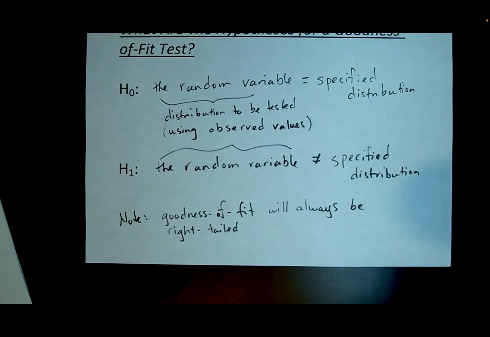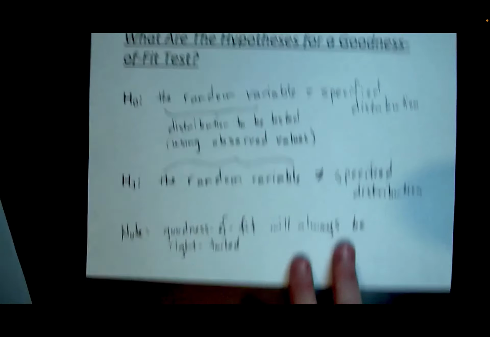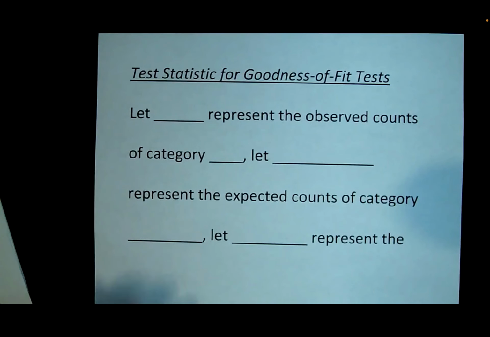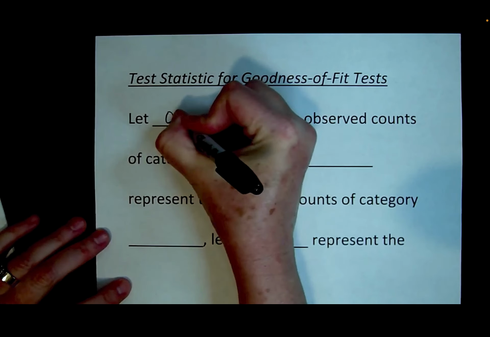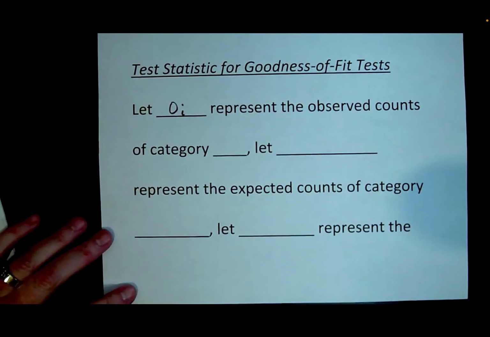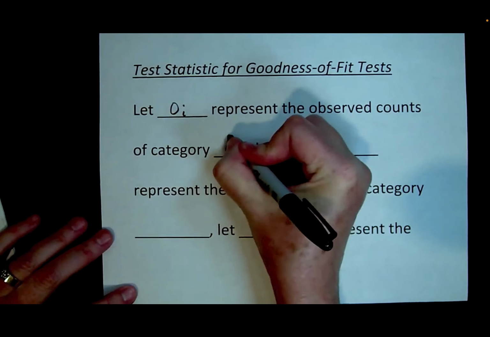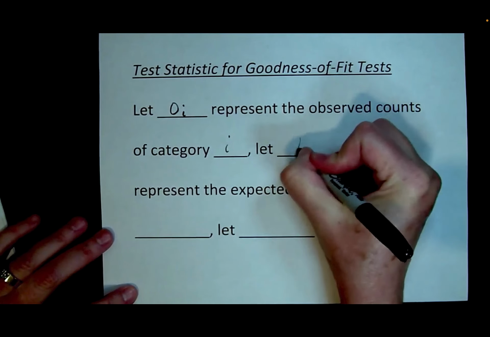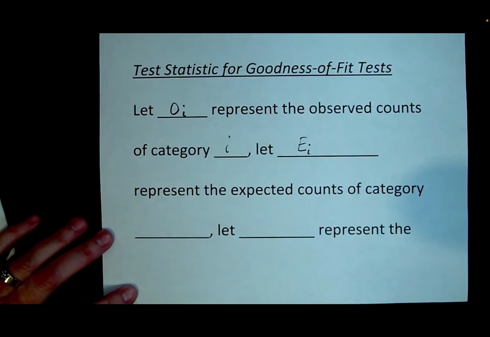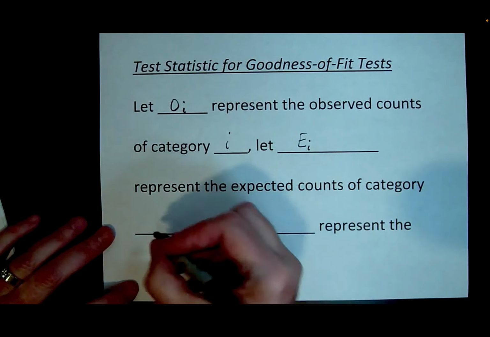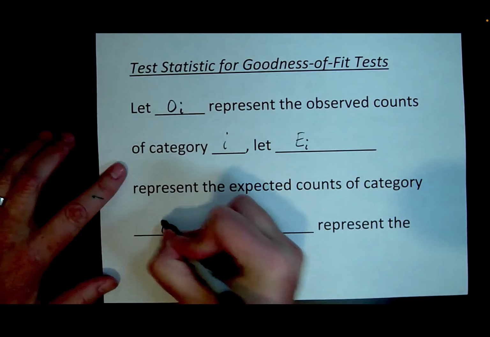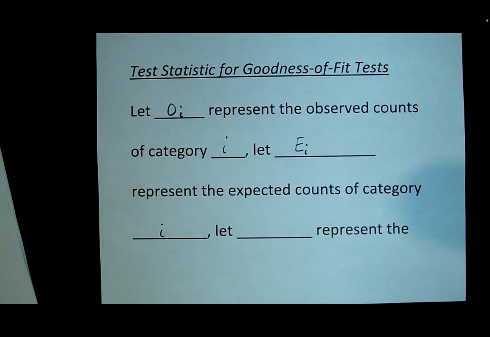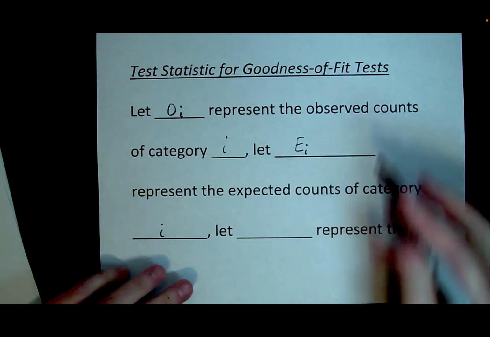So, what test statistic will we use for this right-tailed test? Well, let O sub i represent the observed counts of category i. Let's let E sub i, as before, represent the expected counts of category i. And I'll just remind you that we have a formula for E sub i.